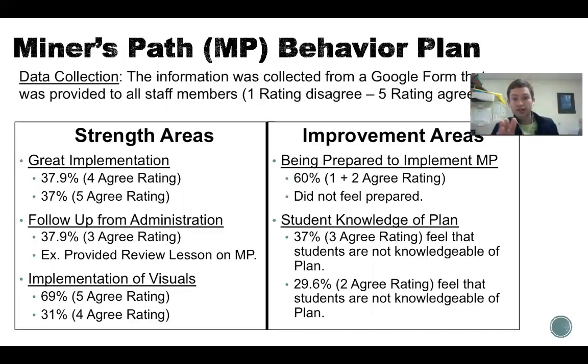So strength areas and improvement areas in this, as you can see on the chart. The name is Miner's Path, and great implementation, as you can see, strength areas. The way we gathered this data was through a Google Forms survey. The PLC that I've been working with, we all sat down and said, what do we need to focus on as we move forward with this behavior plan?